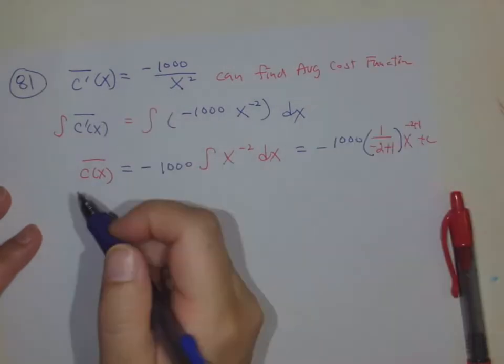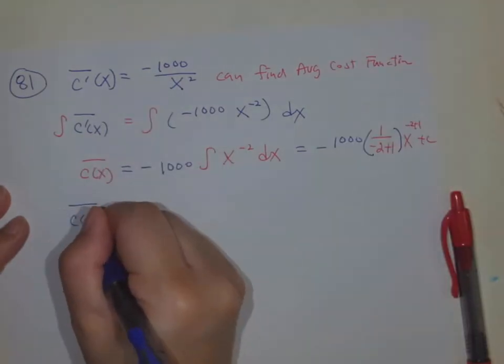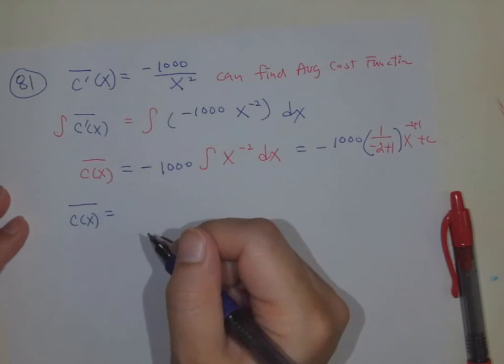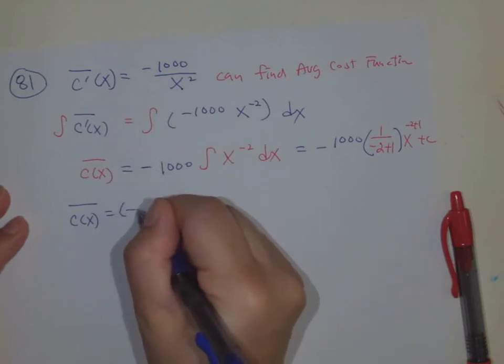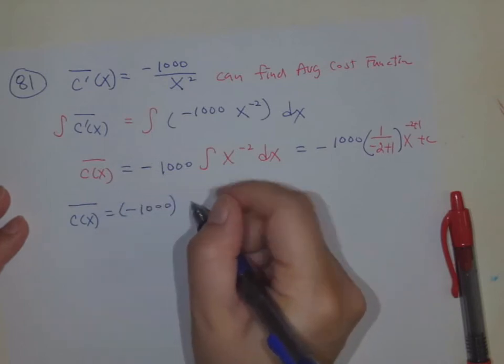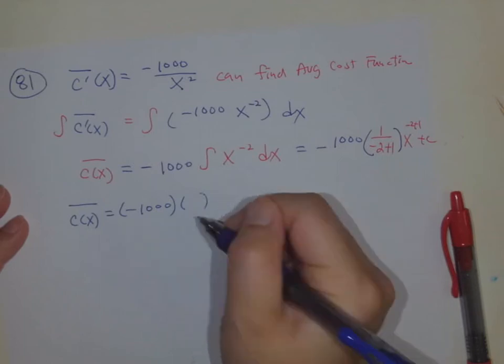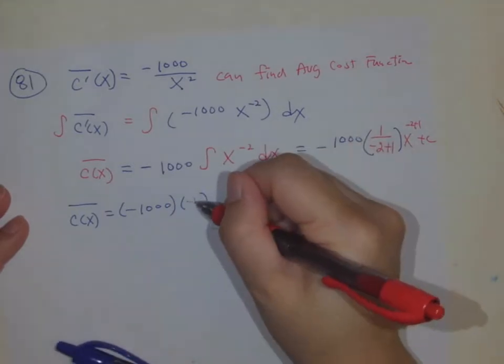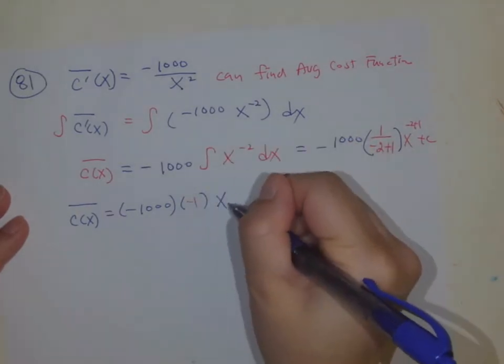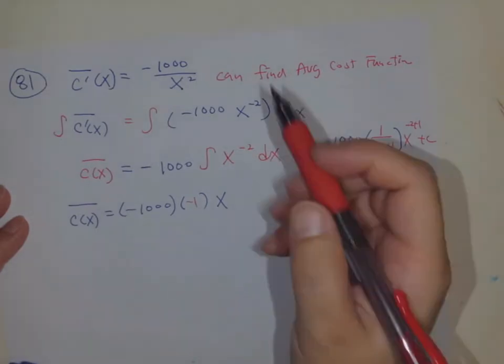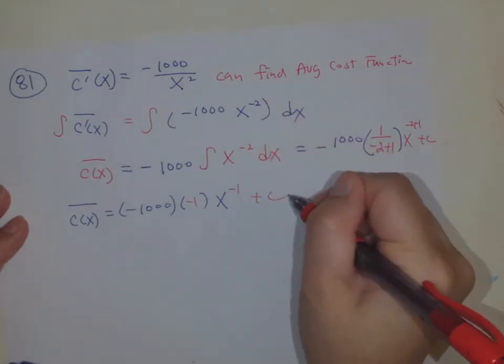Alright, so let's see. The average cost function would be negative 1000 times, basically this is a negative 1, and then x raised to negative 1 also, right? Plus a c.